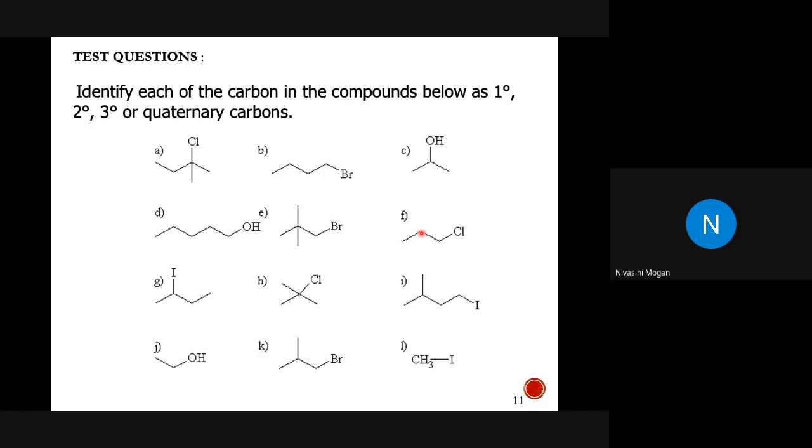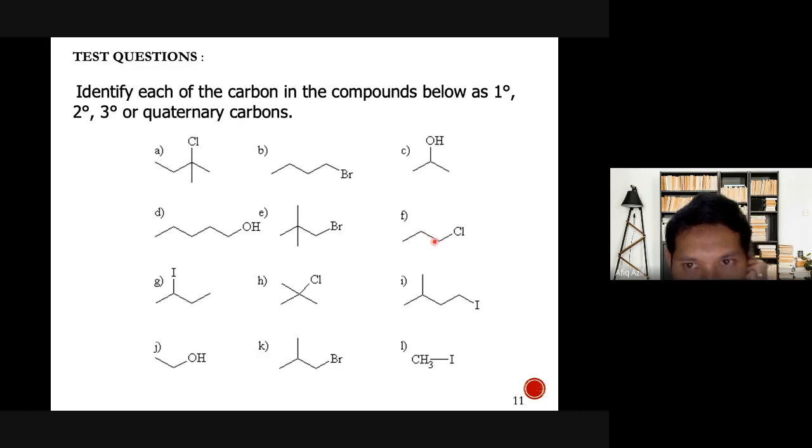The second carbon is secondary. Secondary, correct. The third carbon is primary again. Primary, yes. Okay, so primary, secondary, primary. For G, H, I, until L, we try to do it later after class. I will give the answers during the next class. Let's see if you manage to get it right.